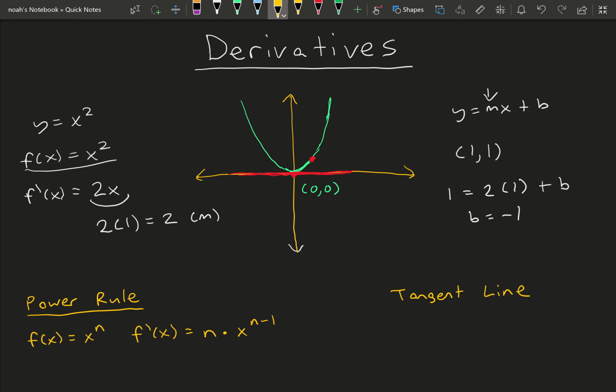And so the tangent line at point 1, 1 would get us y is equal to 2x minus 1. And we can see that lines up, so approximately here. Draw the line, and that's the tangent line at point 1, 1.